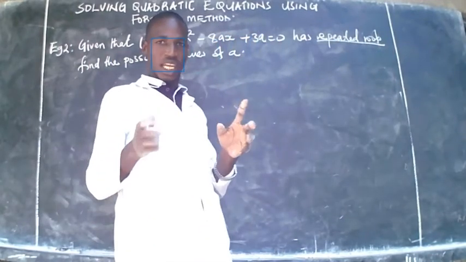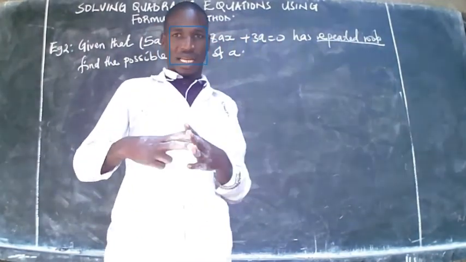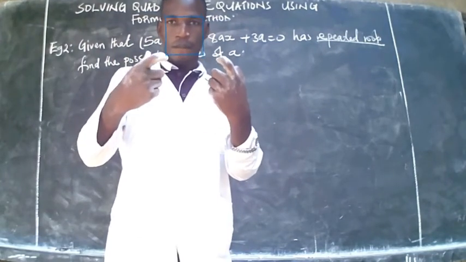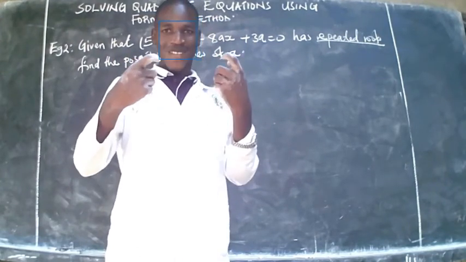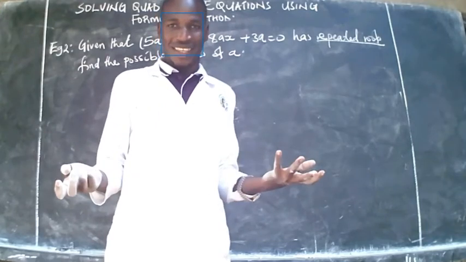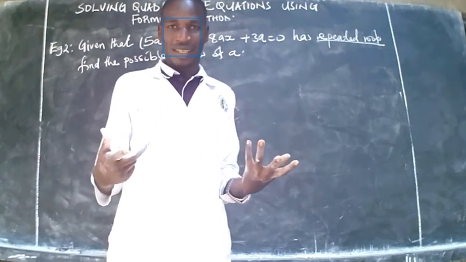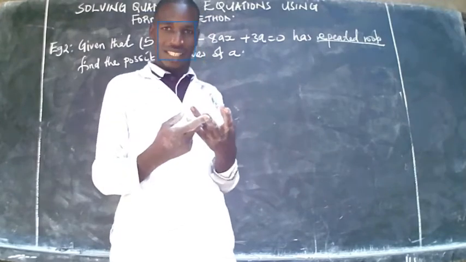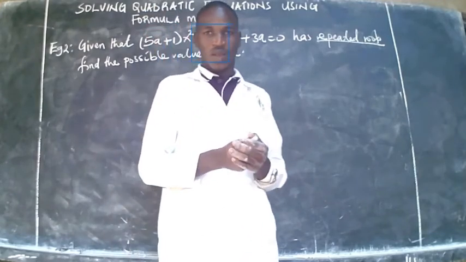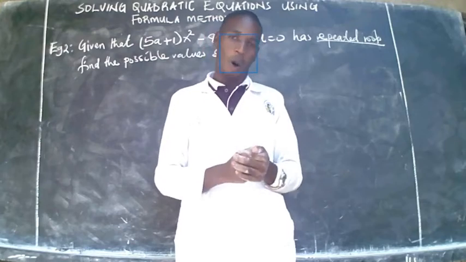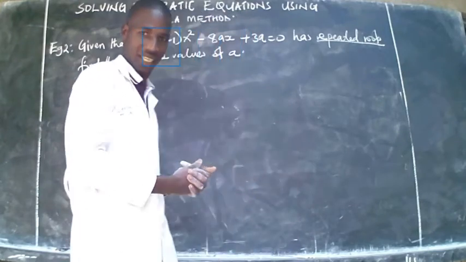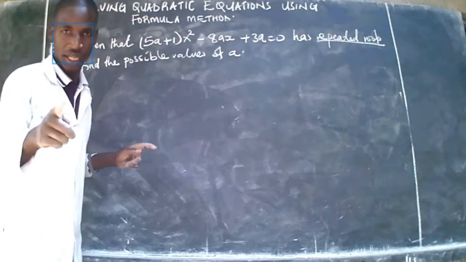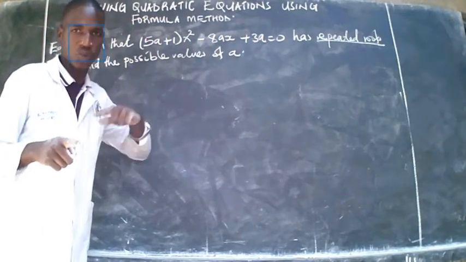Please don't forget, we said repeated roots can as well be called equal roots. Please get back and see it. And we have the condition: b squared is supposed to be equal to 4ac.